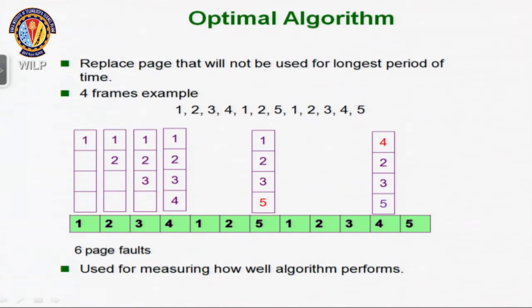So in a previous example we had seen that the problem was that pages were getting replaced which were immediately required. So another algorithm is proposed, where we try to choose the page which is not required for the longest period of time, and that is the page which should be replaced.